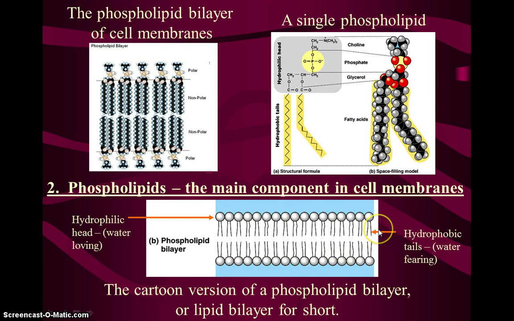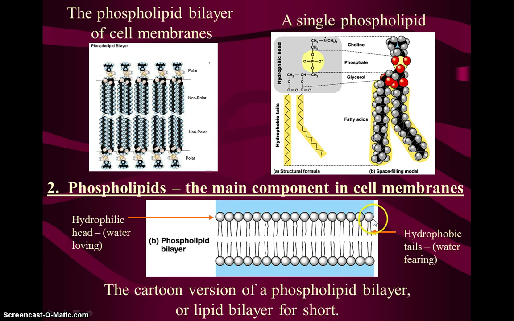But the way this is laid out, these phospholipids have a hydrophilic head, which means it likes water, it likes to interact with water, it allows water to pass through it. It also has hydrophobic tails, the center part, which doesn't like water. It kind of repels water.